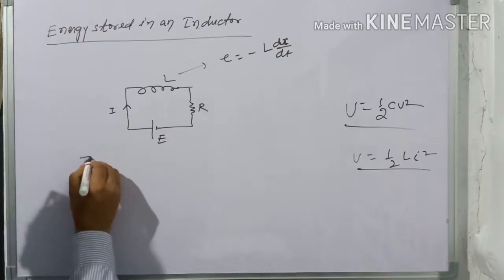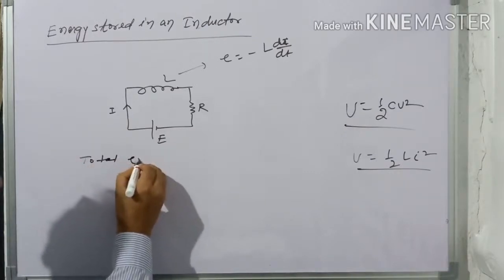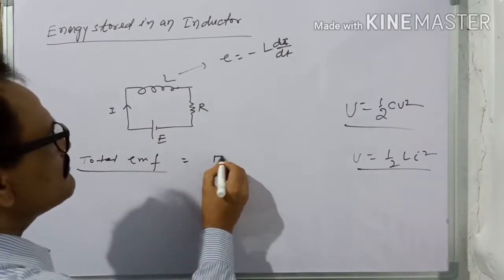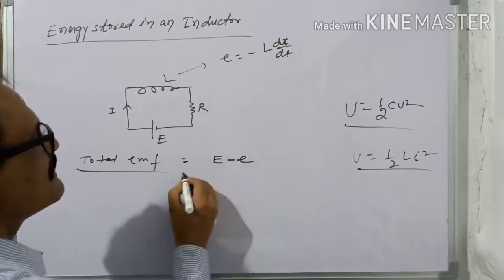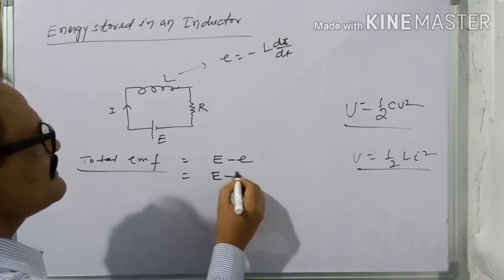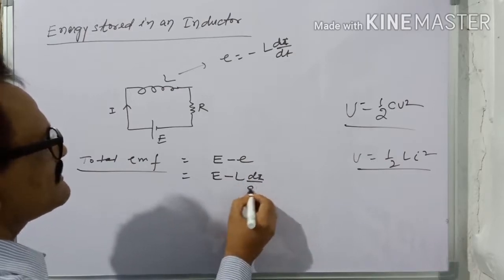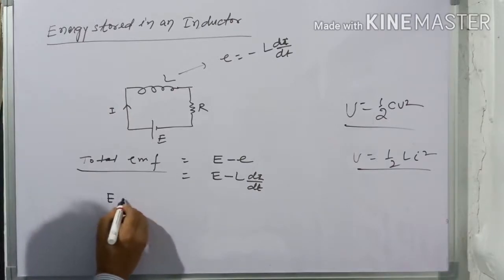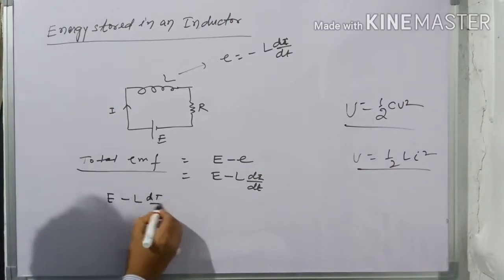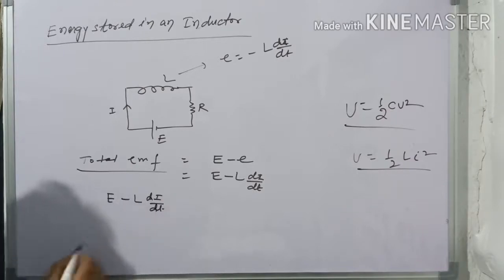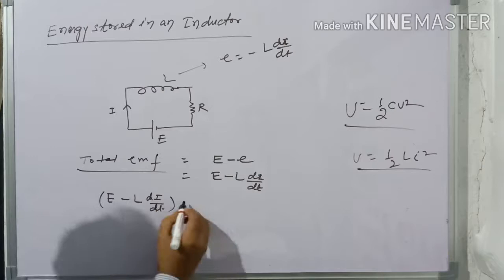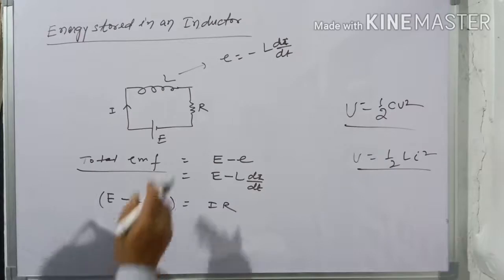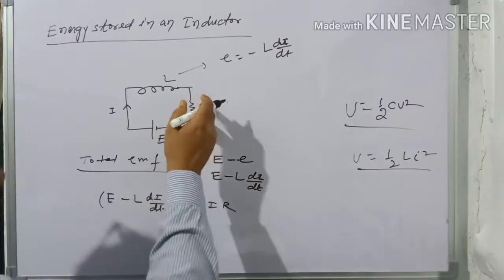So here the total EMF is equal to E minus L di by dt, and according to Kirchhoff's law, this total EMF is equal to I into R, where R is the resistance of this conductor.